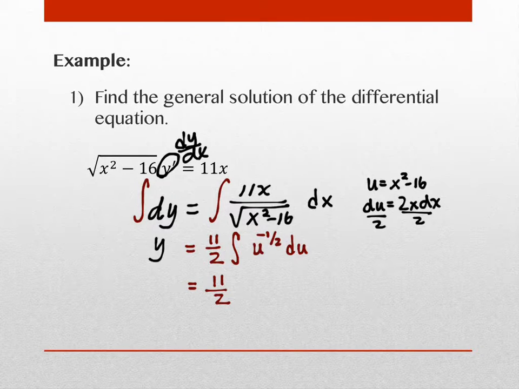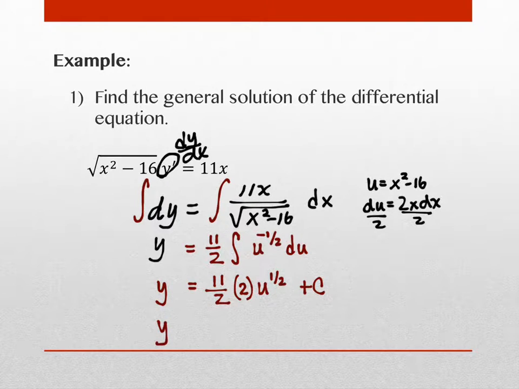Oh, okay, gotcha. All right, so is everybody good with the rewritten form so far? 11 over 2 integral of u to the negative 1/2 du. All right, so what's the antiderivative of u to the negative 1/2? U to the positive 1/2, what else? Times 2, because it'd be division by 1/2. Don't forget your plus c, and we've got our y on our left.